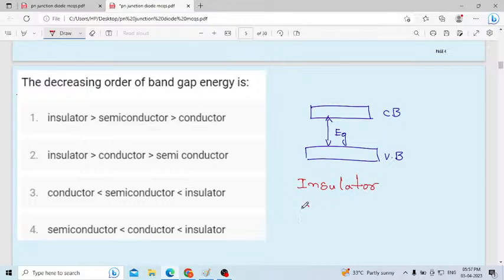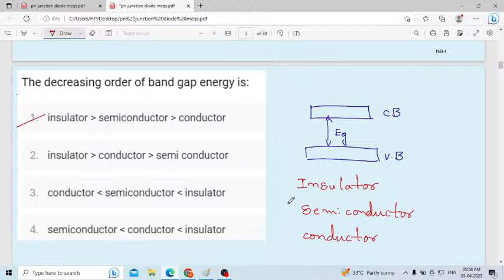Second, semiconductor. Third one, conductor. There is no gap at all in the conductor. Therefore, yes, Uma Devi, the correct answer for this question is insulator, then semiconductor, then conductor.